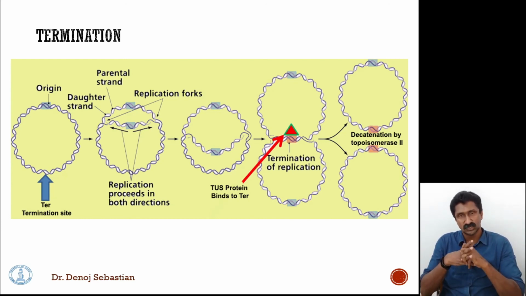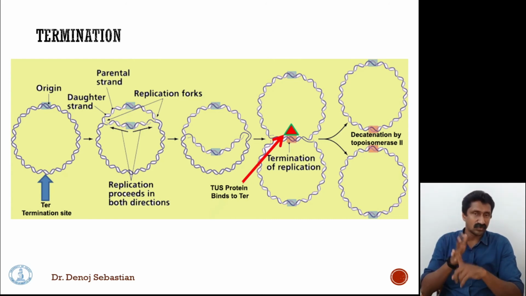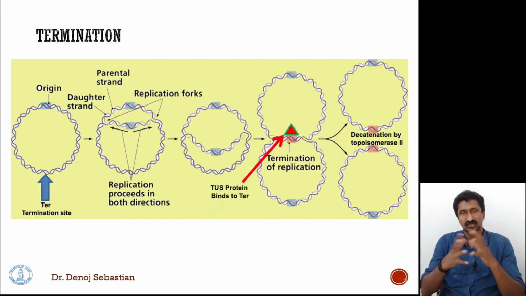Decatenation is done by topoisomerase 2, which cuts both the strands of one of the circles so that it can be released and resealed, so that two complete circles of the daughter DNA are produced during the DNA replication process. So there is a Ter site bound with the TUS protein, and at that point the DNA polymerase stops the replication process, and both the strands join at that termination point, completing the synthesis.